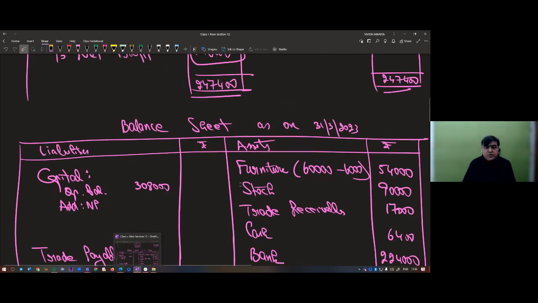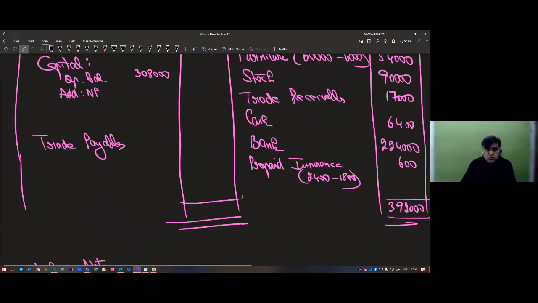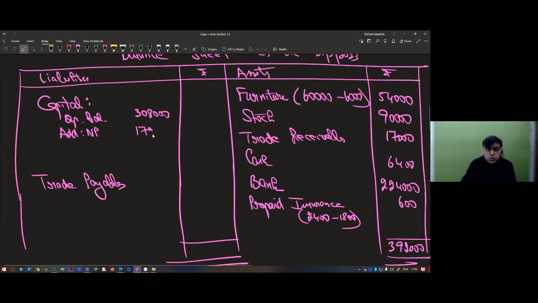The net profit is 172. Less drawings. Drawings are 18,000. So 3,08,000 plus 1,72,000 minus 18,000.